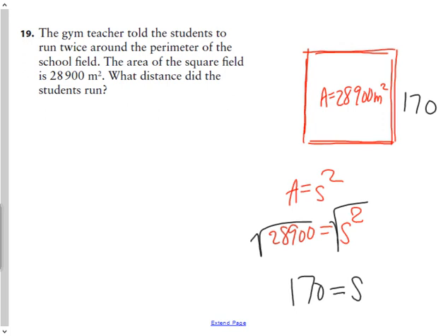But now we have to figure out, if they ran around the field 2 times, how many 170s did they really travel? Well, they really traveled 8 multiplied by the 170 side length, right? Use your calculator, because I don't know this answer.